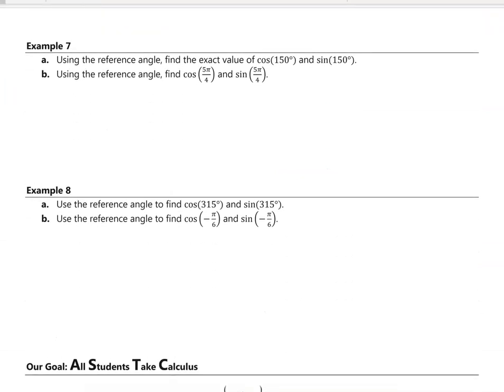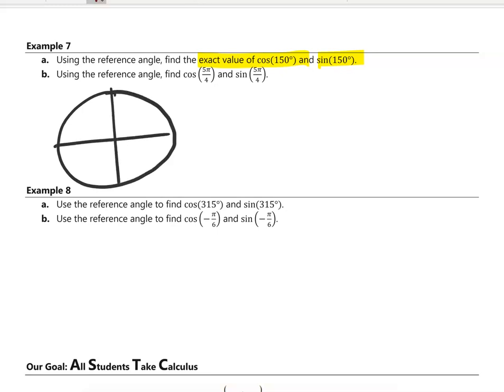Example 7, using the reference angle, find the exact value of cosine 150 degrees and sine 150 degrees. 150 degrees is this angle. So this is 150. So this is in quadrant 2, and we know in quadrant 2 we have negative and positive.